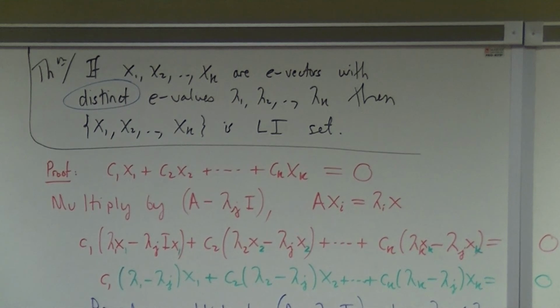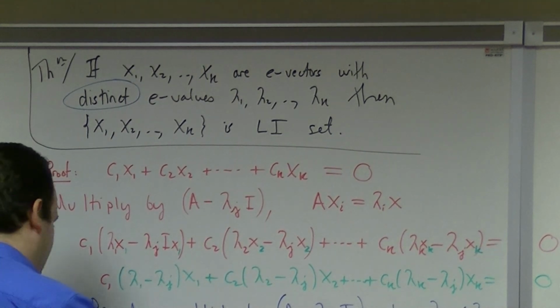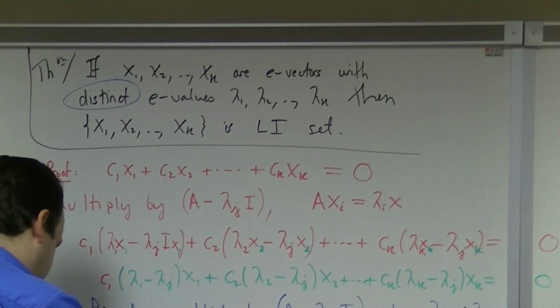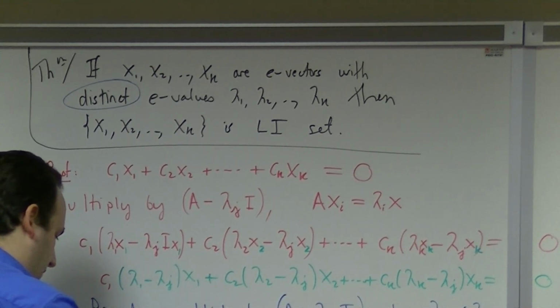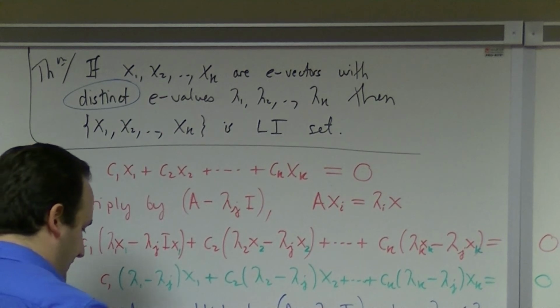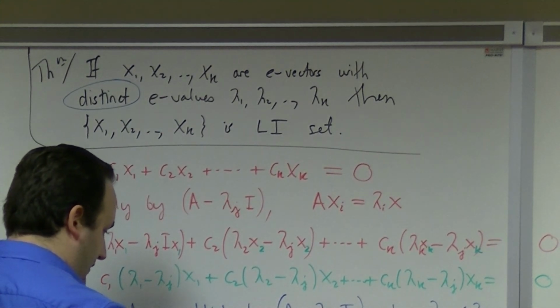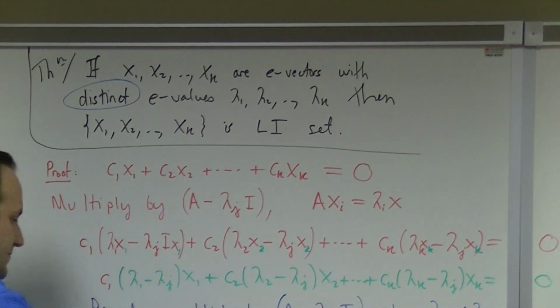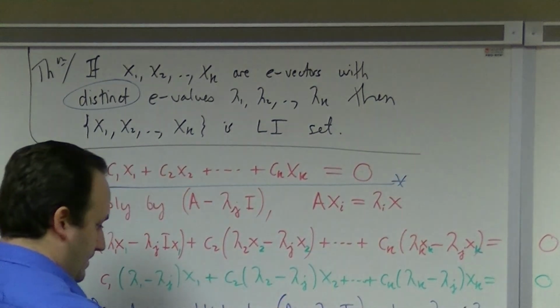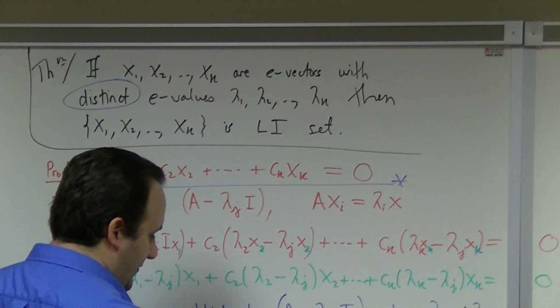A more elegant way to say this is you could just multiply by the product, for j equals 2 to k, of A minus lambda sub j times I. If I multiply that on the star equation, what I'm left with is what?